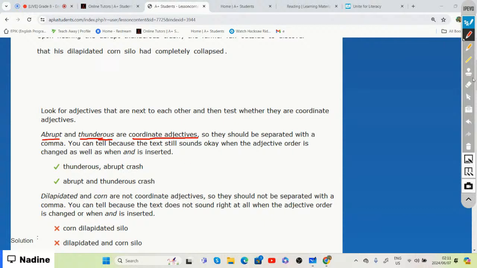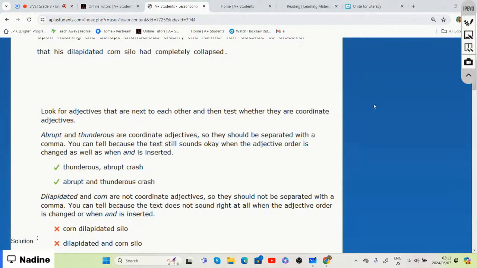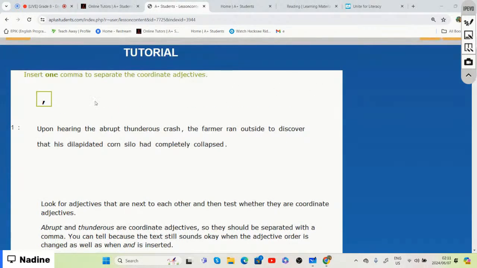Now, if we look at the text, it says, upon hearing the abrupt thunderous crash, the farmer ran outside to discover that his dilapidated corn silo had completely collapsed.